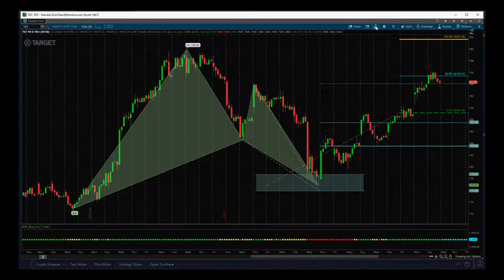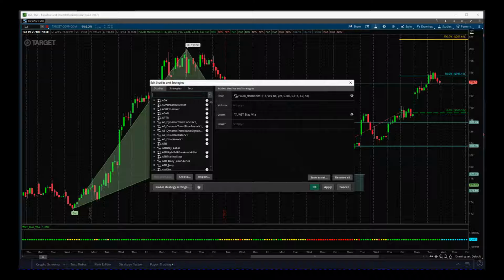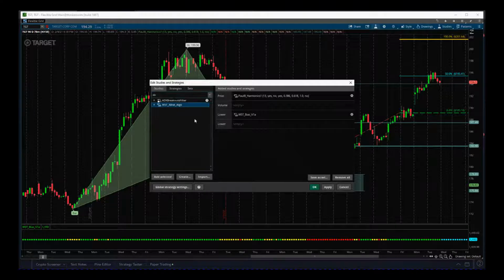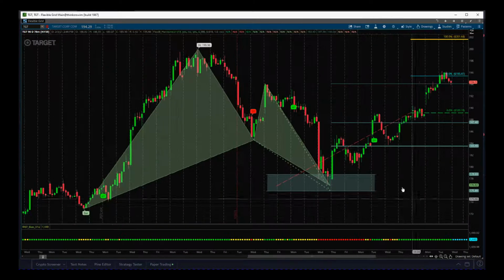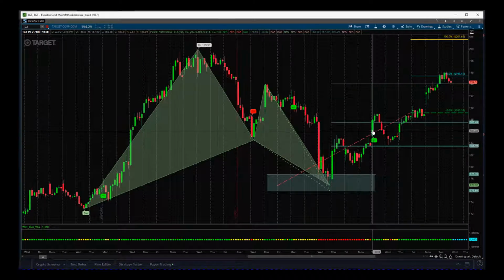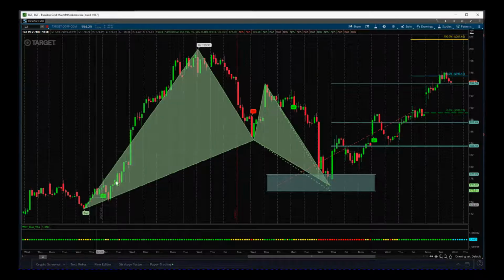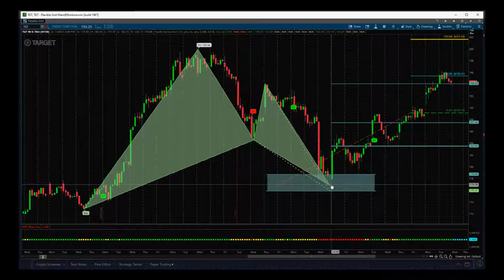Now look what happens when I put the xBratAlgo on there. So now you're seeing a 6-star buy coming in. So we've got a confirmation of that wave 4 completing in a bat pattern.